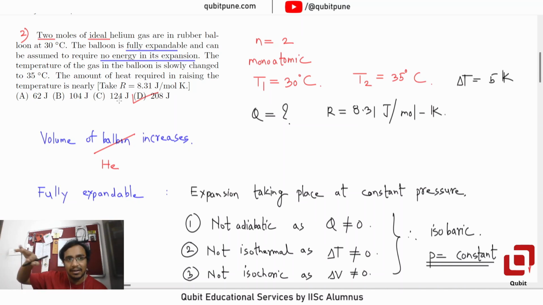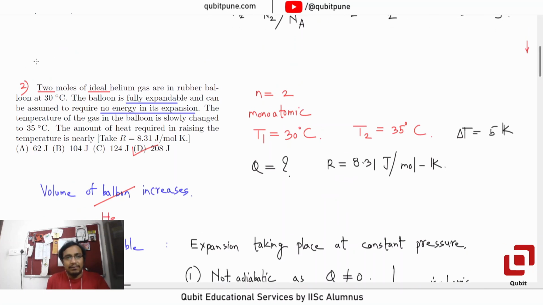Unless we have a specific equation for that process, well, in mechanical engineering we had a subject called thermodynamics, where we would be given processes like the polytropic process, where the value of n would vary.